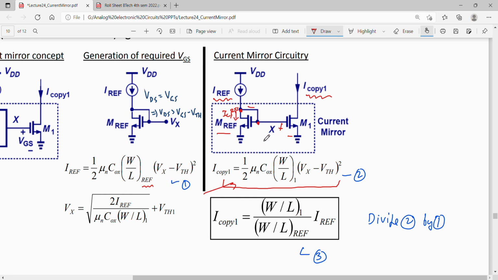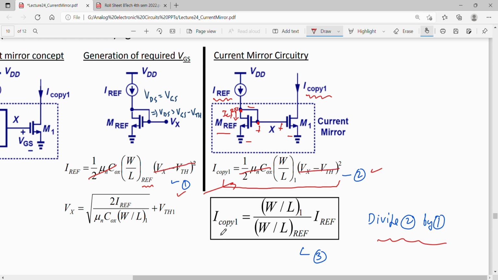Again VGS is Vx over here. So I get two relations. Divide 2 by 1. When we divide 2 by 1, we have assumed that these two transistors are similar, so mu n CoX everything will be same, so they are gone. And this Vx minus Vt also goes off.